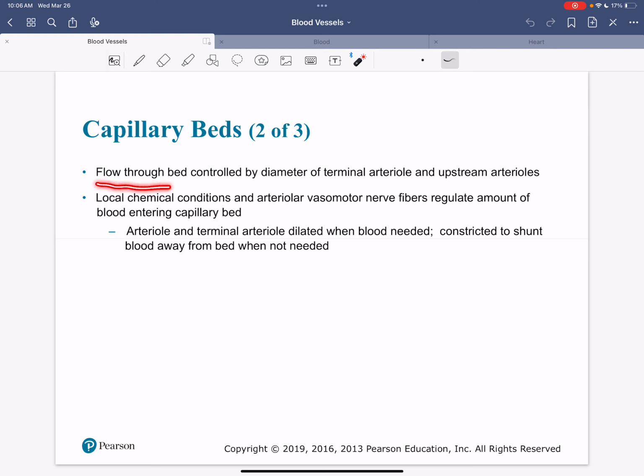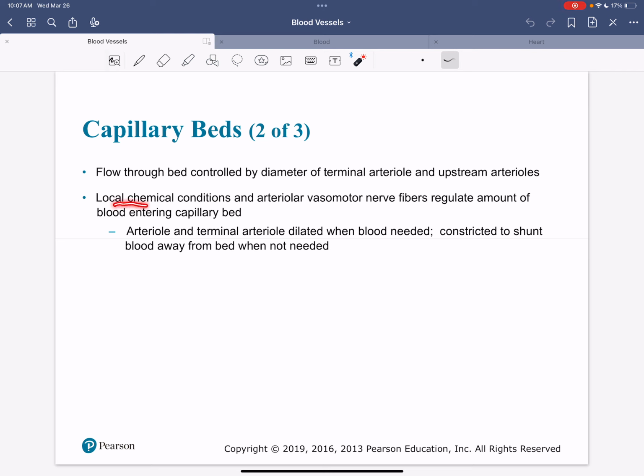So we have flow through the capillary beds, and it's controlled by the diameter of the terminal arteriole and the upstream arteriole. By changing the diameter of the vessels leading into capillary beds, this helps to control whether the capillary bed gets blood. Now, there are local chemicals and conditions that have a role in this blood flow.